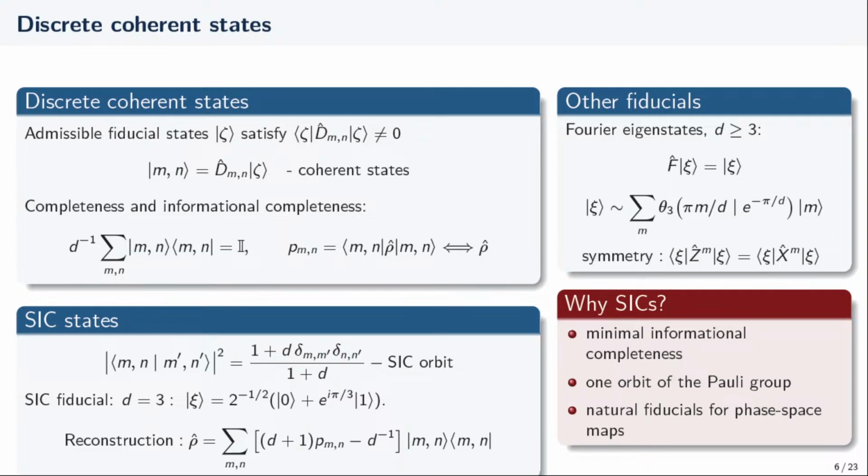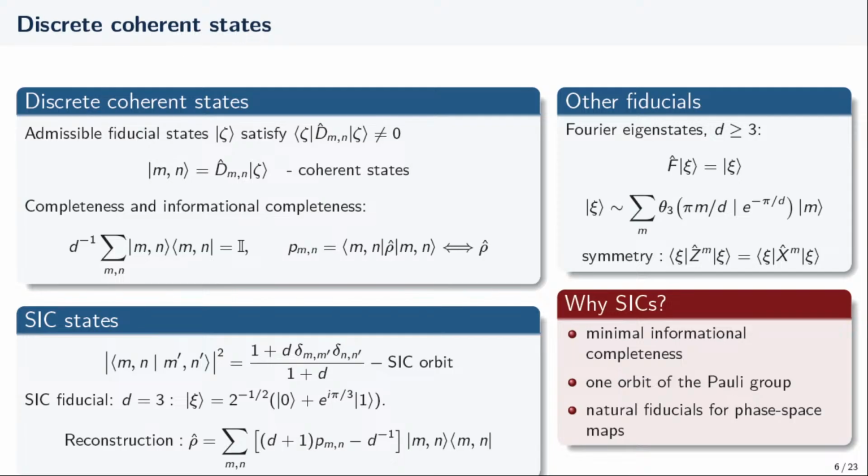In the sense that from the average value over coherent states, we can recover the density matrix. So the same is here. If we construct the average value of the density matrix over coherent states, then there is a possibility to recover the density matrix. This is called informational completeness. Not only completeness, so that any state can be expanded on the basis of coherent states, but informational completeness precisely in this sense: it is possible to recover it.